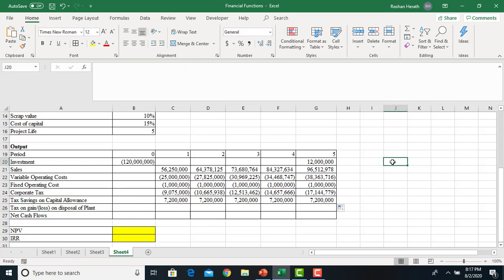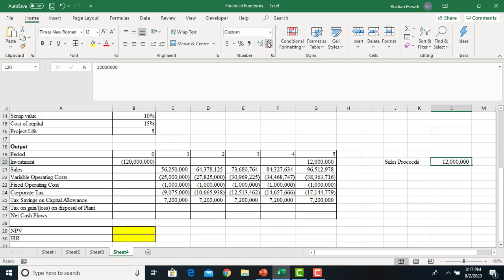It is quite straightforward. You may take the sales proceeds. If you dispose this, how much would you get? I'm just going to show the working manually. So the cash flow from the disposal, you would get 12 million at the end of the period. So this is the cash proceeds.